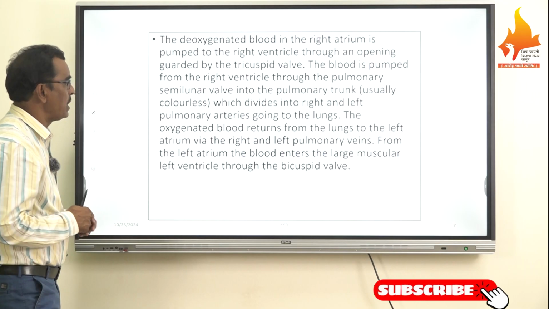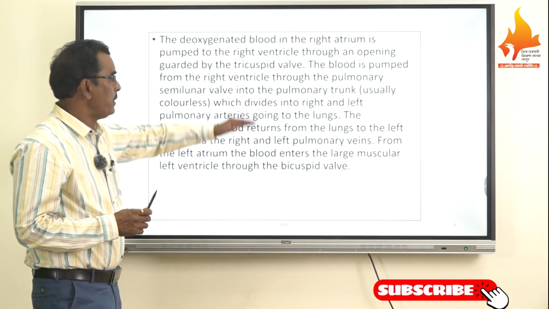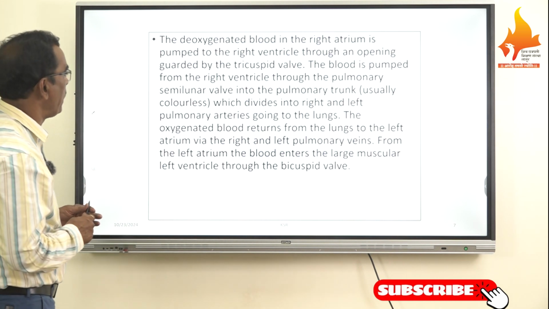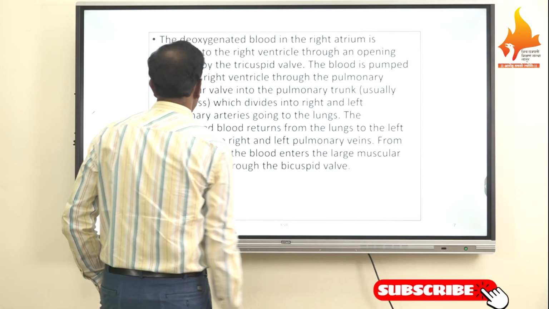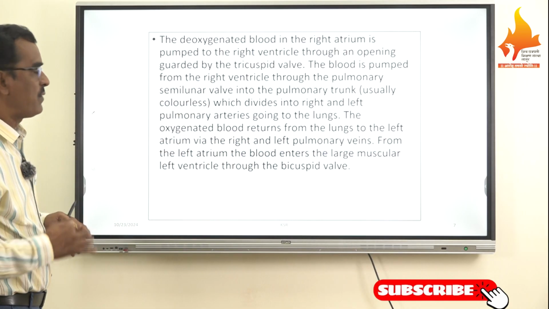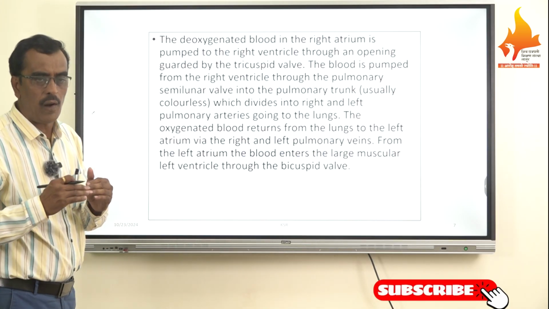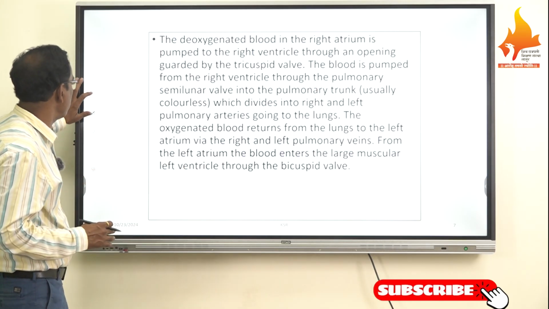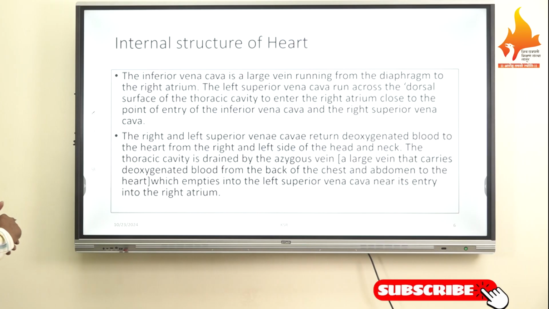This type of circulation is found in higher organisms only. The pulmonary arteries and pulmonary veins or pulmonary trunks are usually guarded by semilunar valves, and these valves do not allow the backward flow of blood. They work in a single direction, and no backward flow is allowed.